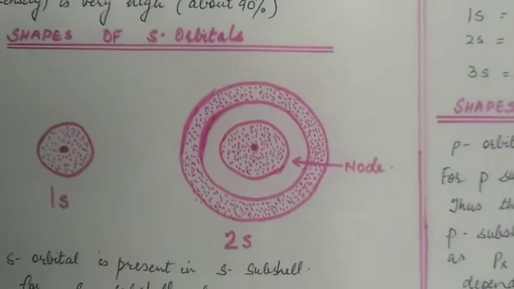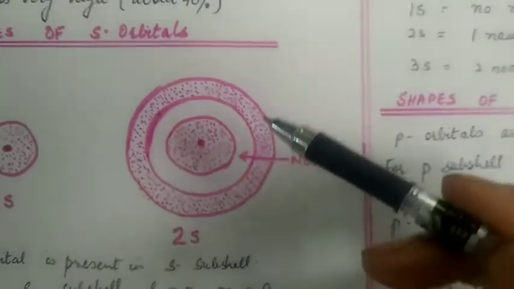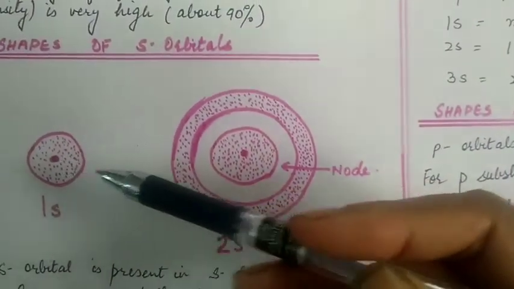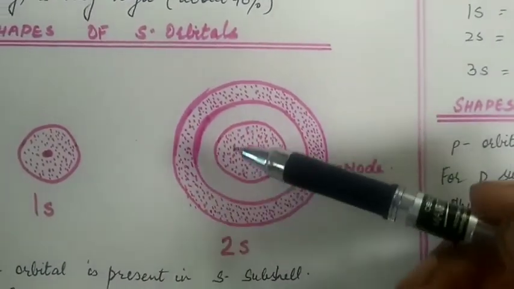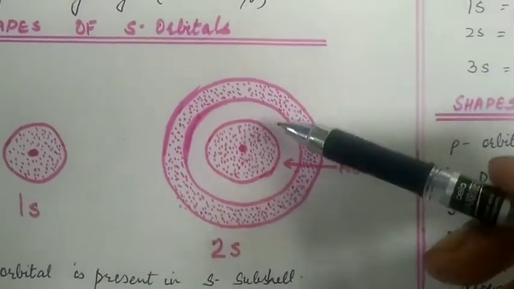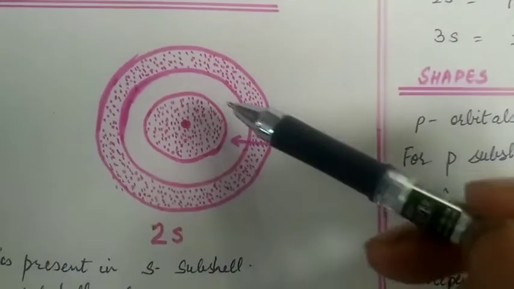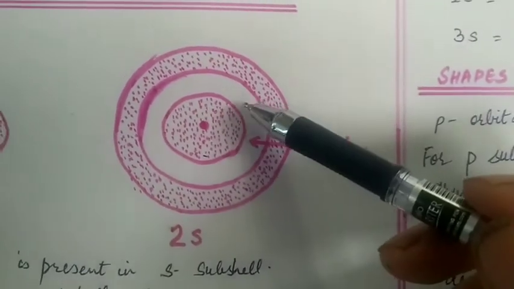The 2s orbital in comparison to 1s has a bigger size because it belongs to a higher energy shell, the second shell, 2s. And you will also see that in this 2s orbital the probability of electrons is here in this region, but here it is 0.